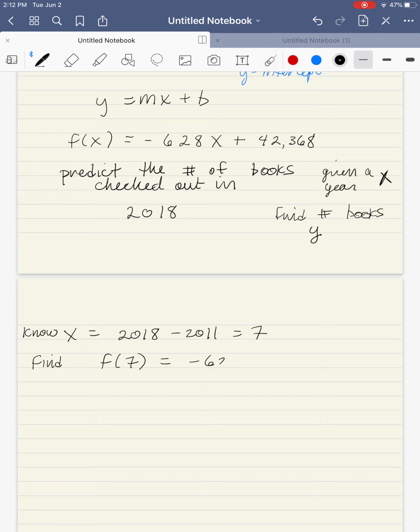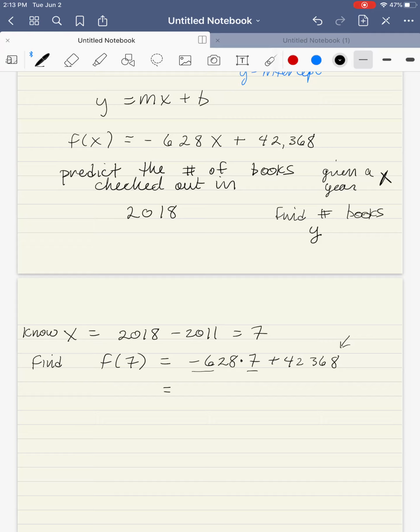f of 7. And we can just do that by plugging 7 in for x in our model and evaluating that. So what we're saying here is that if we started in year 2011 with 42,368 and we are subtracting 628 every year for 7 years, that's exactly what the model is doing for us, what the mathematics is doing for us.